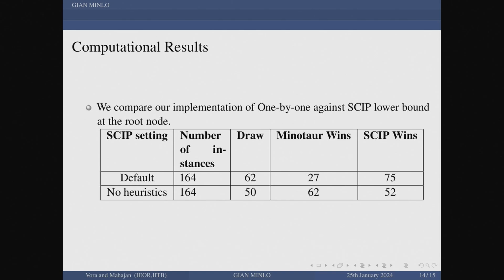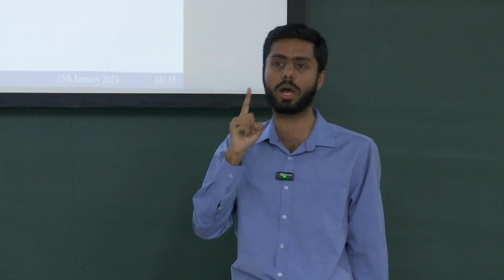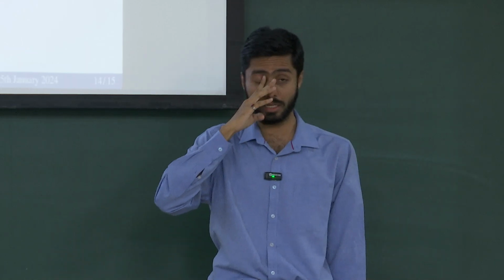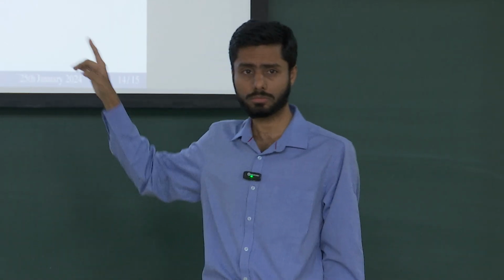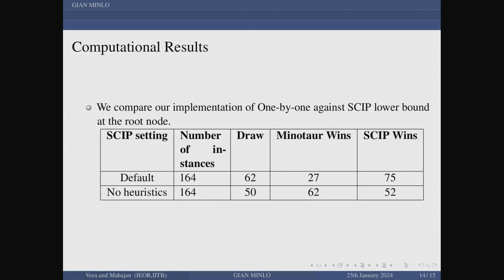We also compare our implementation of this 1 by 1 variant against SCIP's lower bound at the root node. Notice we only do some McCormick relaxation and add these cuts, and we are only adding one cut per quadratic constraint, while SCIP processes the full root node. In that case, with the default SCIP settings, we are not that good.